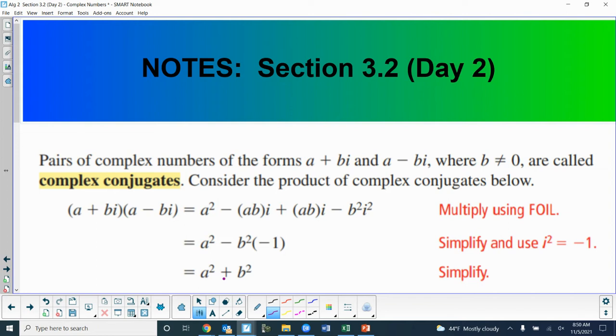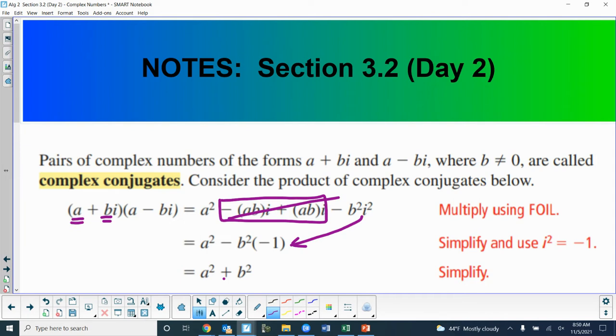When you multiply complex conjugates, because of the negative abi and the positive abi canceling, and this i squared equal to the -1 makes it negative b squared times -1. That's where that positive. So all you have to do is square that and add them.